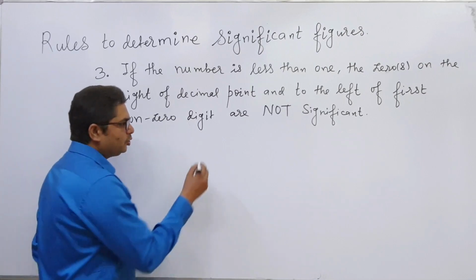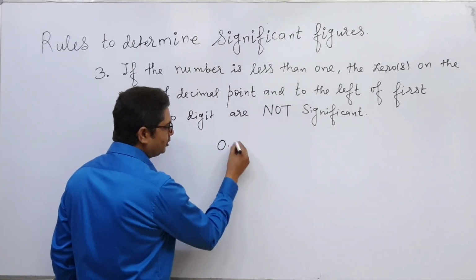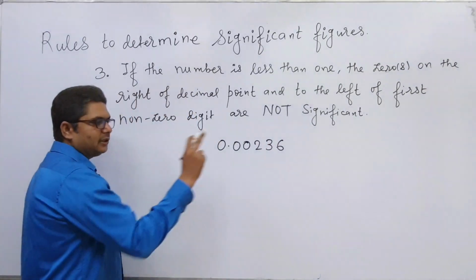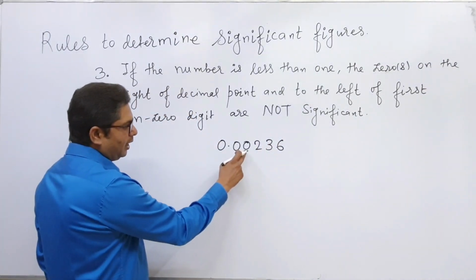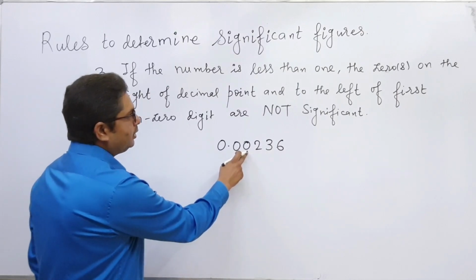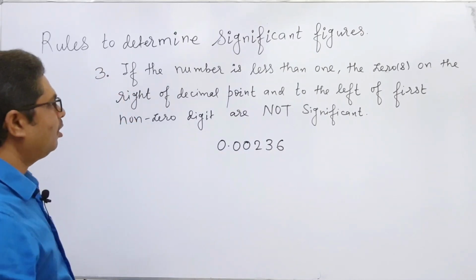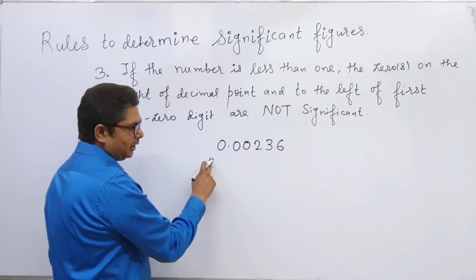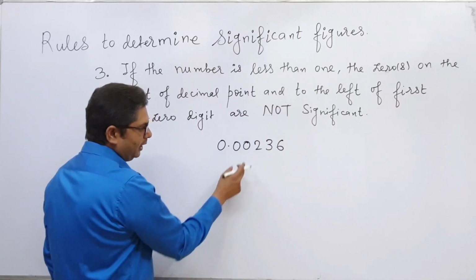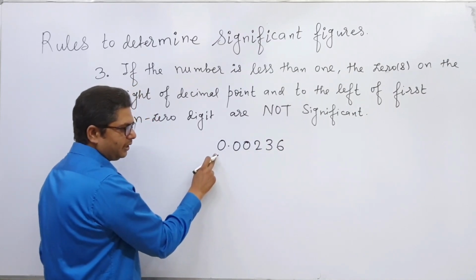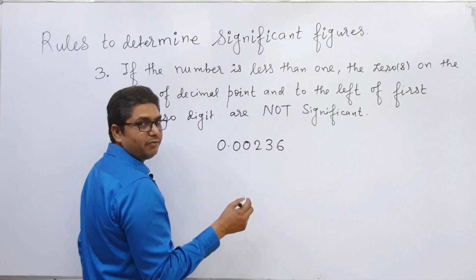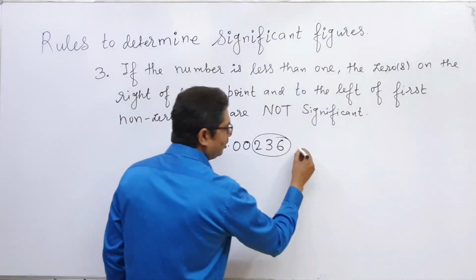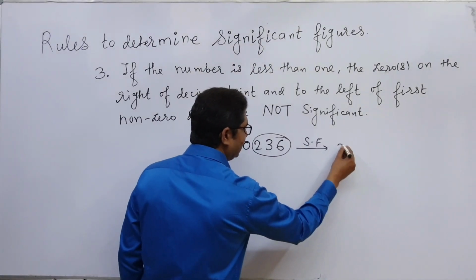This means that suppose you have a number 0.00236, then in this number, these zeros are to the left of the non-zero digits and right of the decimal point. Then these zeros are not significant. This means that only this is the significant figure, 236. So you have significant figure is 3.